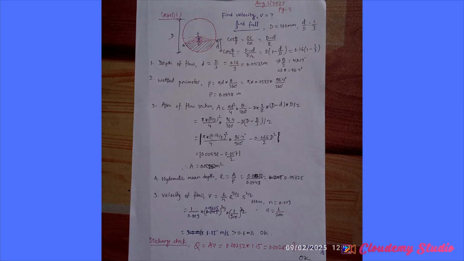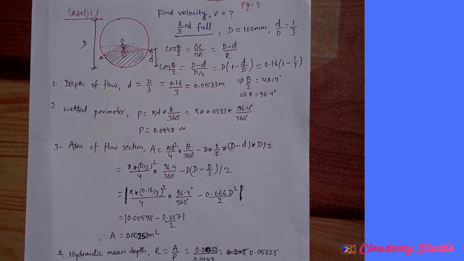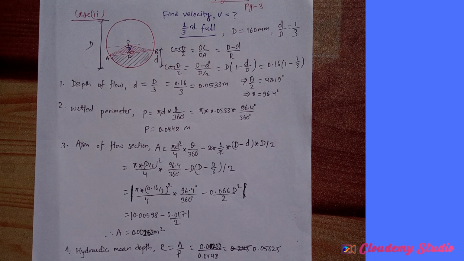Then for the minimum depth of flow, suppose D by 3, the wetted perimeter is similarly calculated. The area of flow section is the area of the whole circular sector for depth d, minus the area of this triangle OAB.